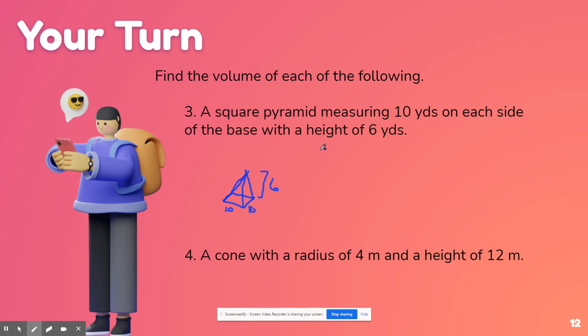That means that I can do the formula volume equals 1/3 the side, which is 10, squared, times the height.